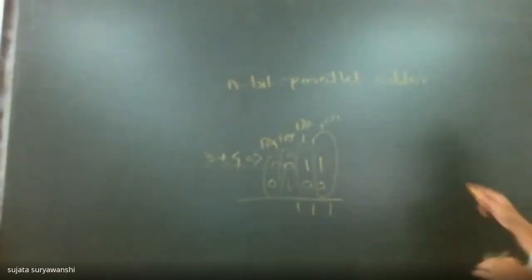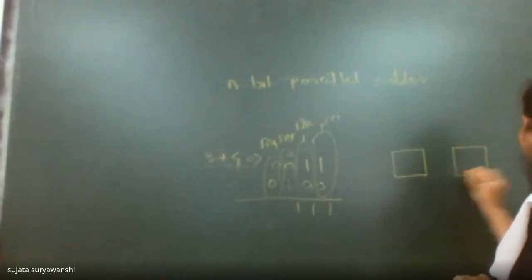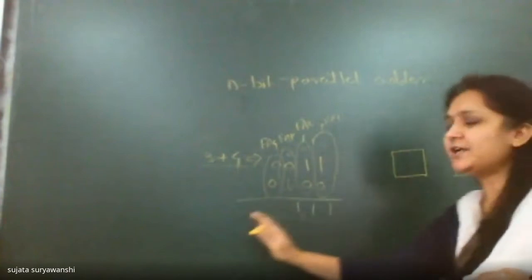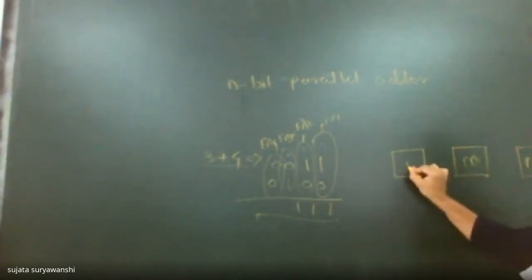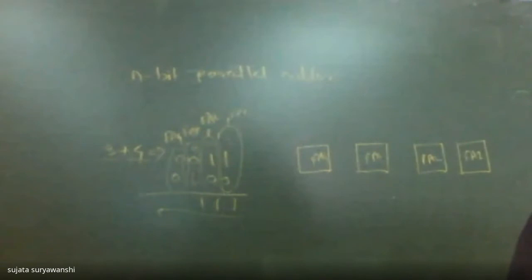So here, you can see, suppose this is your first full adder, and this is your second full adder. As every time we start addition from right side to left side, we use this full adder first, similarly the second, third, and fourth full adder. If you want to add, it requires 2 numbers.